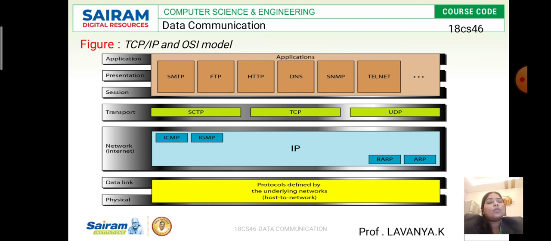The network layer uses the Internet Control Message Protocol, the Internet Group Message Protocol and the Internet Protocol. These are the interfaces used for sending and receiving the data.